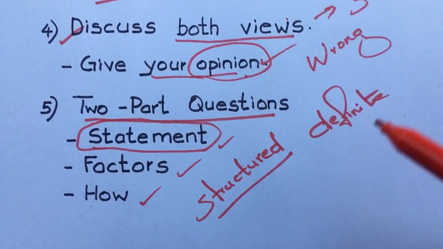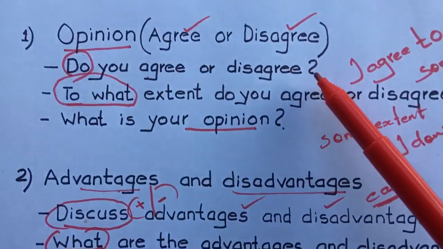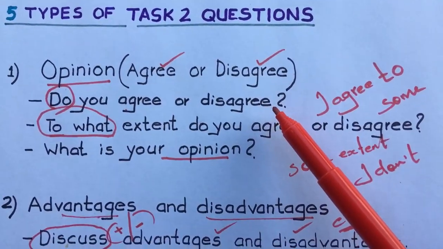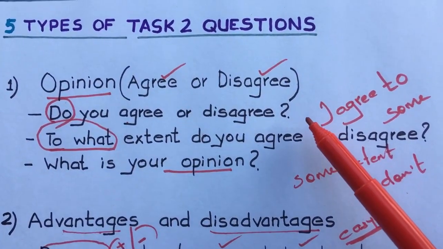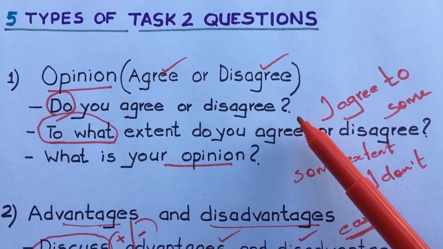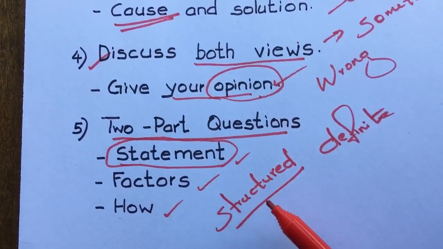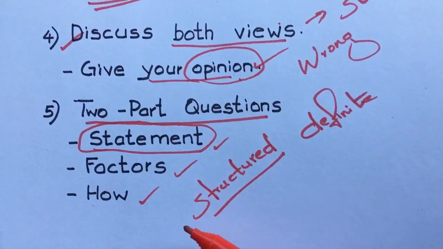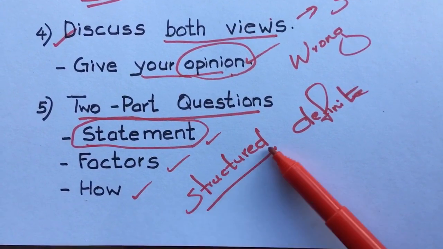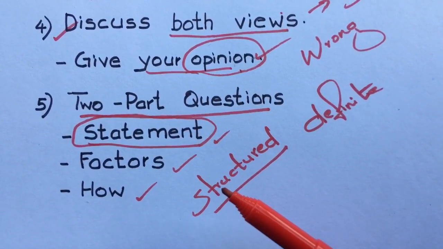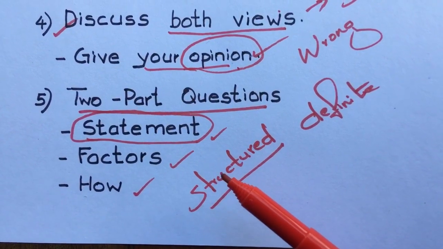But with an agree or disagree question, they look for your flow, your sentence structure, your task, how you frame your answer, everything is checked. When you come to two-part questions, it doesn't matter whether it is structured or unstructured, because they have asked about the factors. You can't structure it exactly like a normal Task 2 essay, but still, however much you write, it is good.